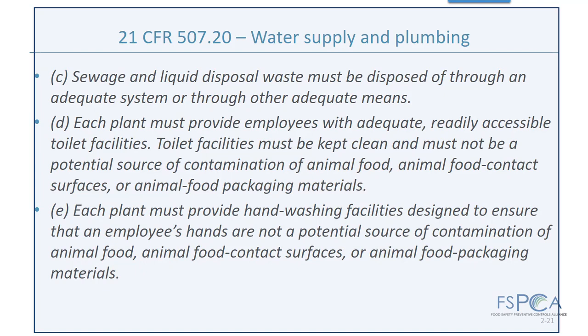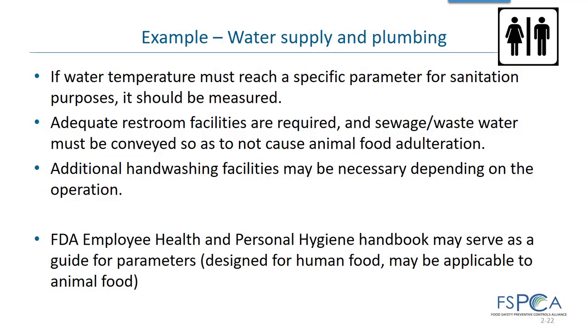Okay. Also with hand washing facilities, each plant must provide hand washing facilities designed to ensure that an employee's hands are not a potential source of contamination of animal food contact surfaces, or animal food packaging materials. Again, that can be as simple as a waterless hand washing facility as well.